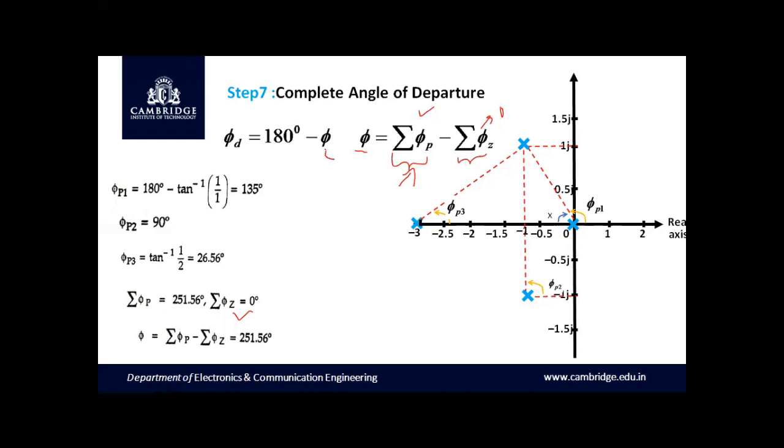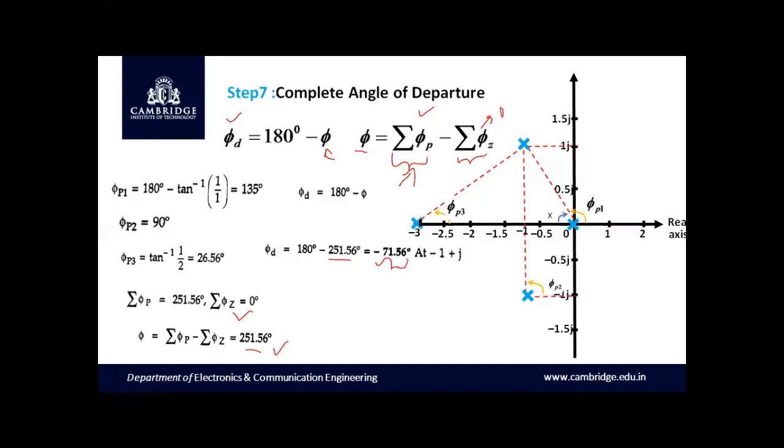Now let us substitute phi in this equation of angle of departure, where phi d is equal to 180 degree minus 251.56 degree. After substitution and subtracting from 180 degree, we get minus 71.56 degree.